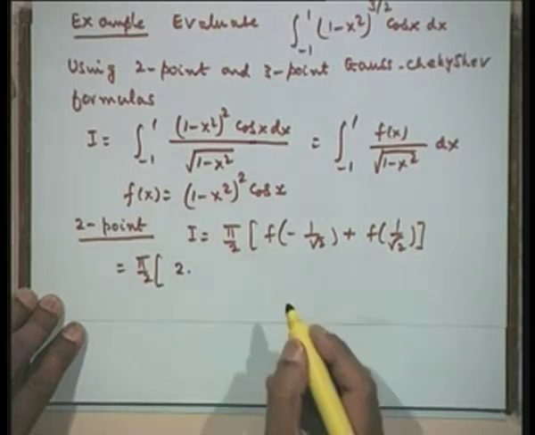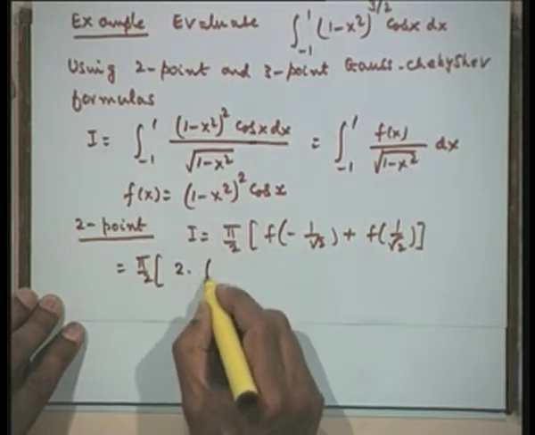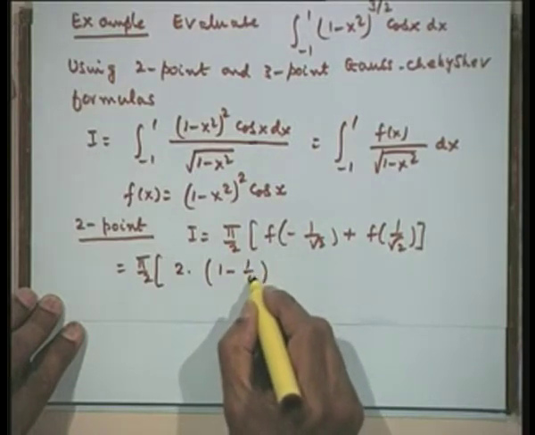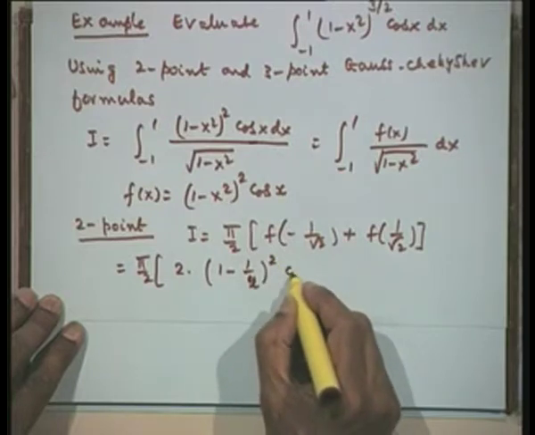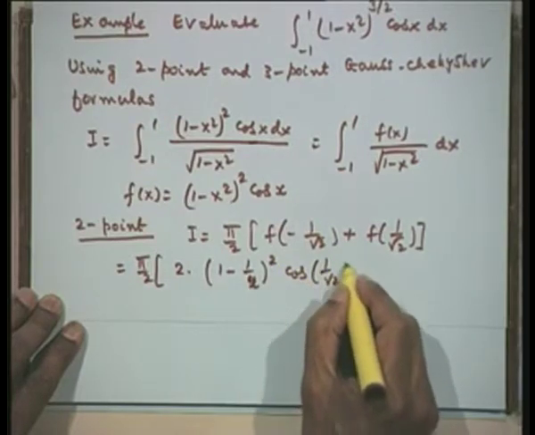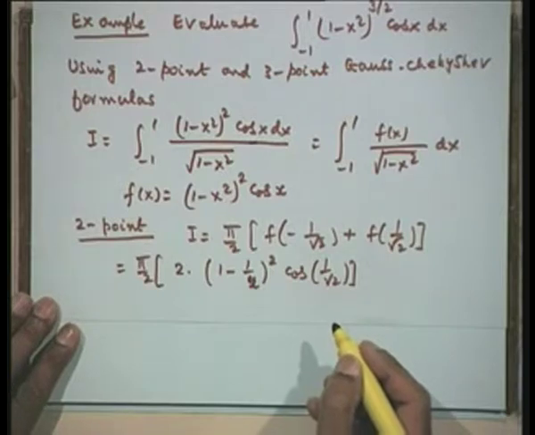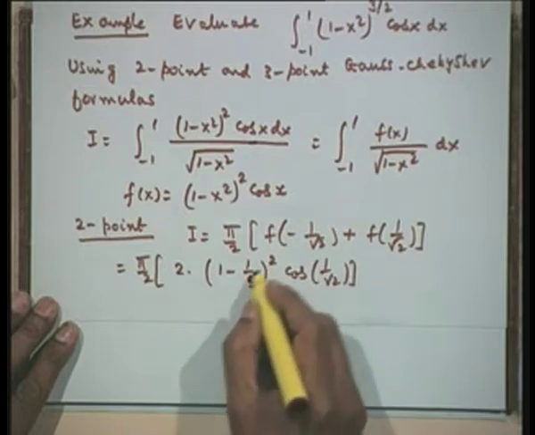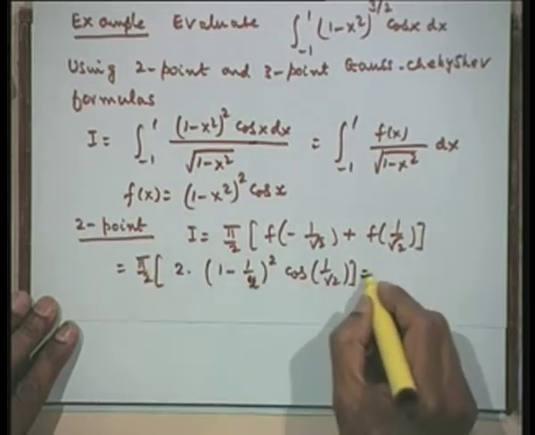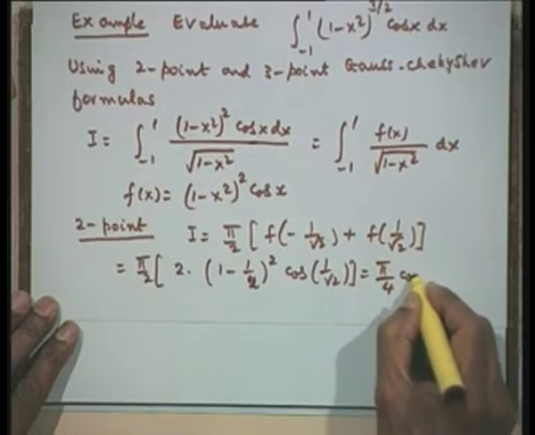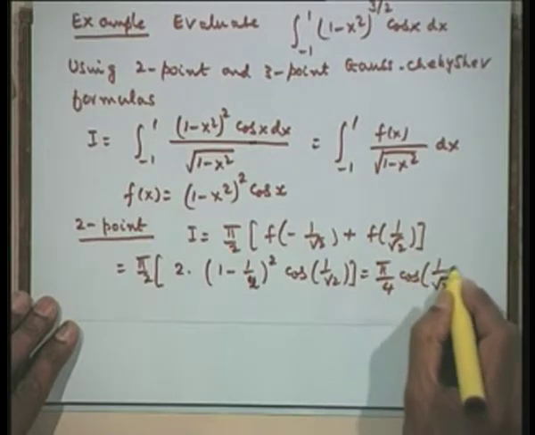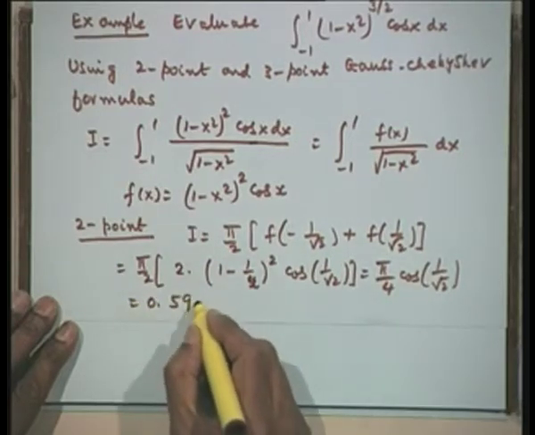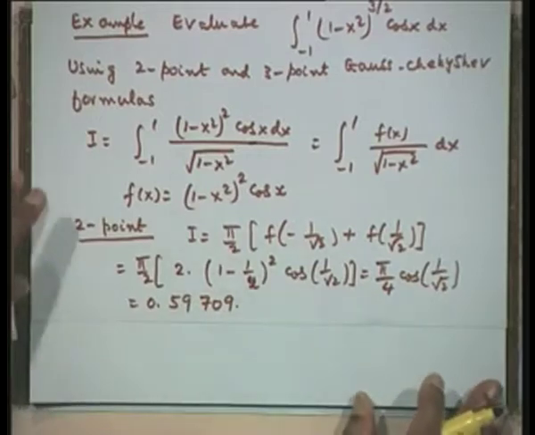So we can multiply by 2 straight, and this is (1 minus 1 by 2) whole squared cos of 1 upon root 2. So this gives you 1 by 4, so this is simply pi by 4 cos of 1 upon root 2. I can evaluate this value and write this as 0.59709.